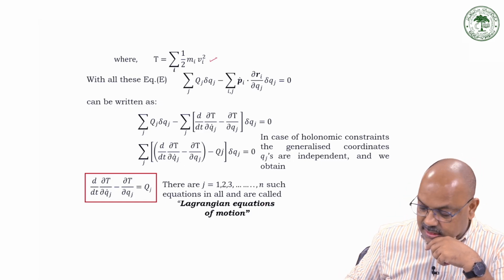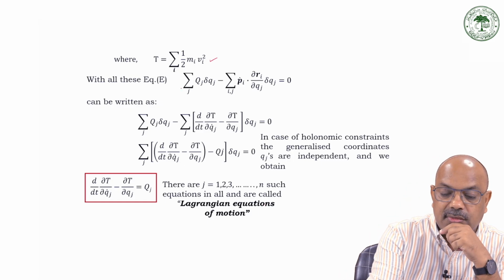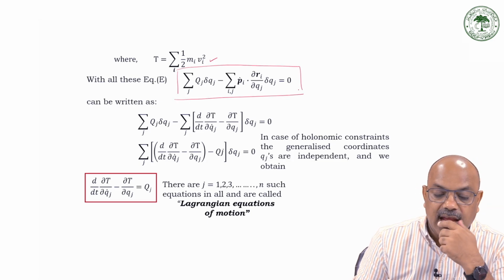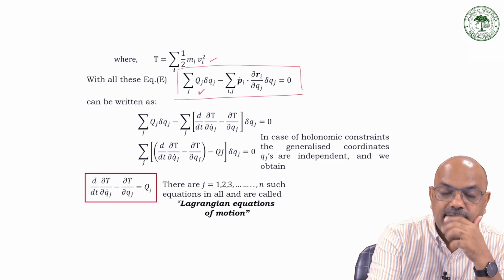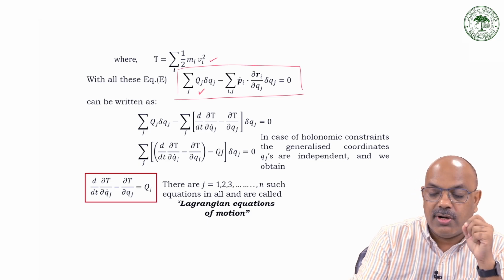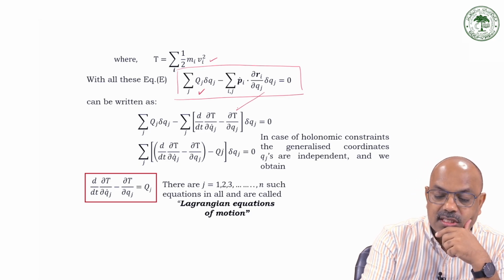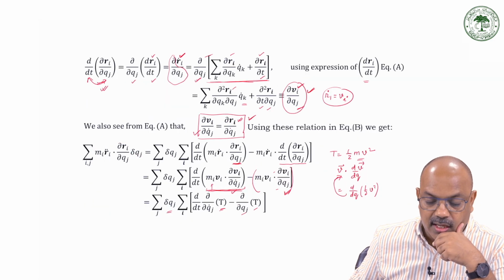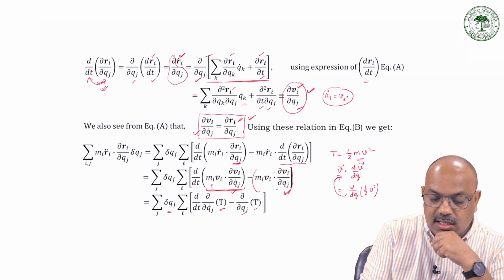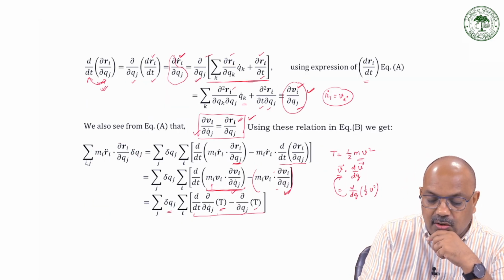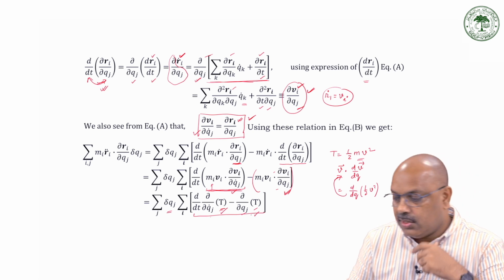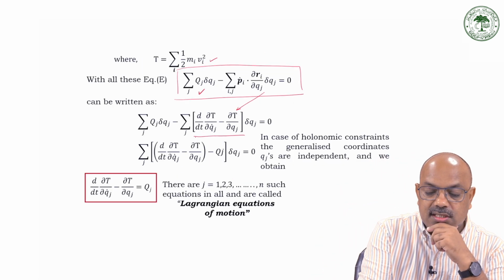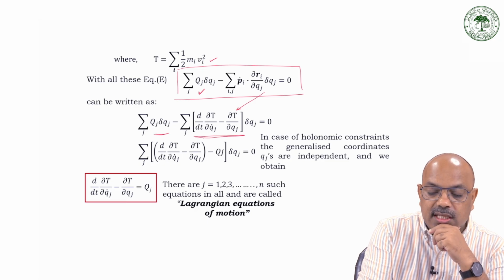So with all these, this was the expression we started, that is equation E, and in that we have the concept of the generalized coordinate, and we figured out the second term, which was coming out to be d dt of delta qj dot dt and delta qj upon t. So this is what I have here: the first term and the second term.